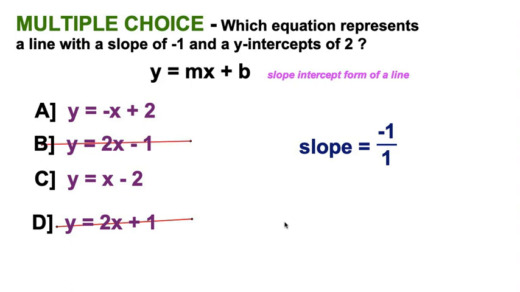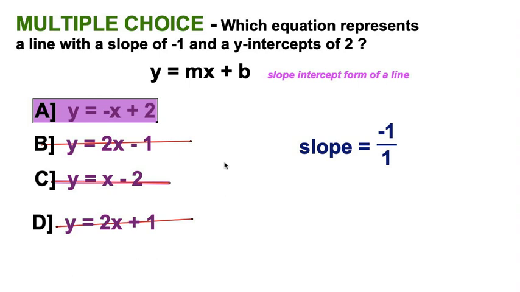Let's look at the choices A and C. How many x's do you see there, everybody? Do you see an x there? I do. How many? There's 1. This one has a slope of 1. That would be a positive 1. When I write this equation in A, this has a slope of -1.